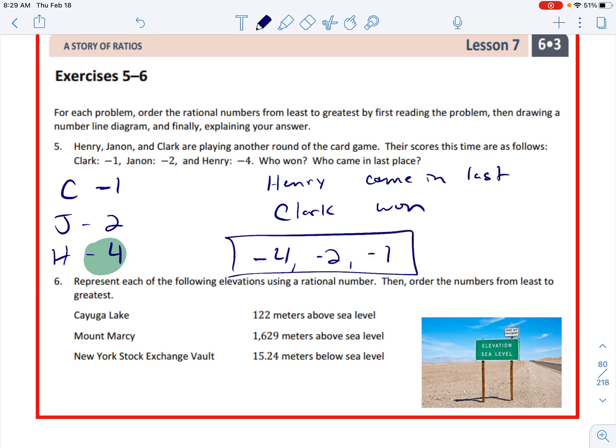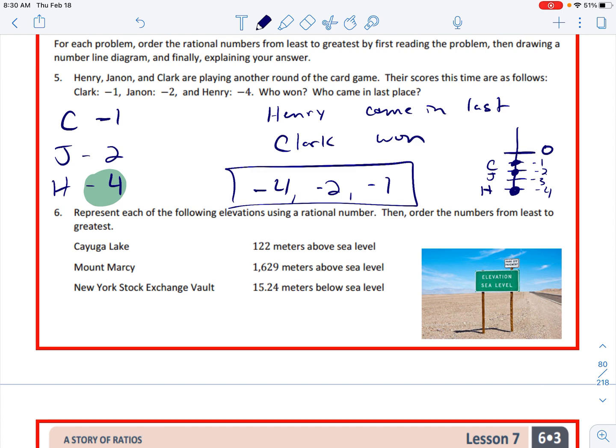That's my answer. If we put this on a number line, that's 0, 1, 2, 3, 4, -1, -2, -3, -4. We have -4 there, -2, -1. And that is Henry, Janet, and Clark.